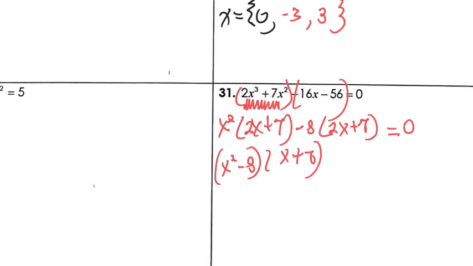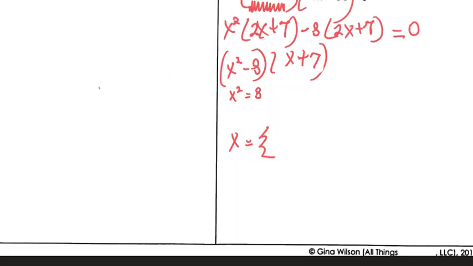And we have that solution set equals, so for the first parenthesis, the x squared minus 8, if we subtract 8 from both sides, we get x squared equals 8. This is one way you can do it. And then you can say, I've got a square root. So x equals plus or minus, don't forget your plus or minus, 2 square roots of 2.